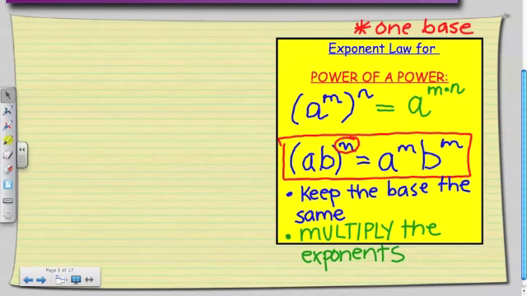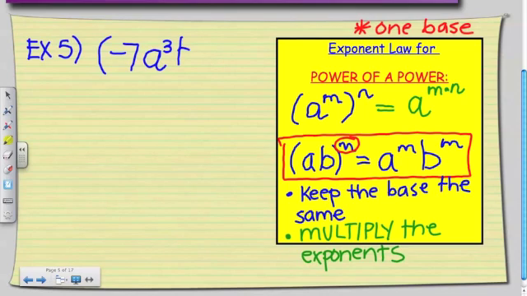Okay, so let's start off with an easy example. Negative 7a to the power of 3, b to the power of 2. And all of that is going to be to the power of 3.